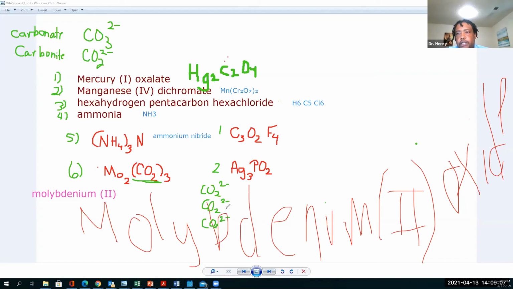So that's a total charge of what if we add them together? That would be 6. So -6 charge. Okay. And then if I have 2 molybdenums, right? So we know that this total charge has to equal what?